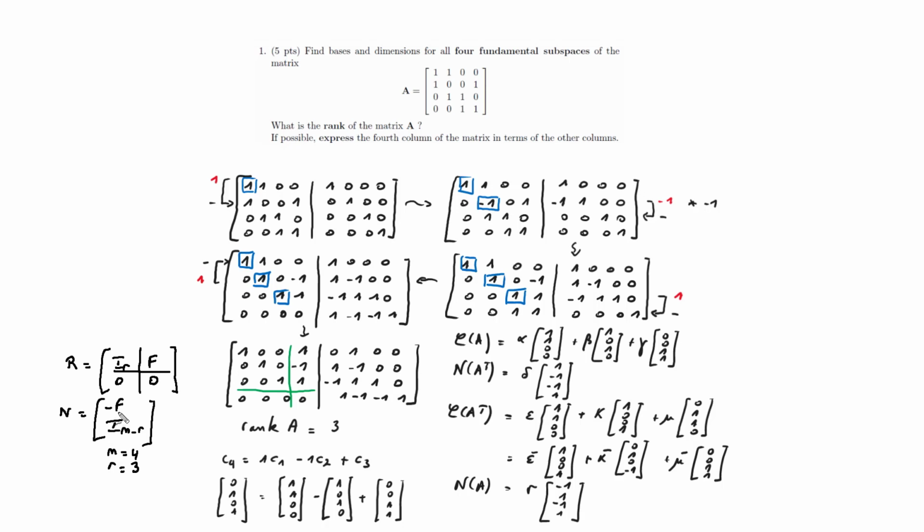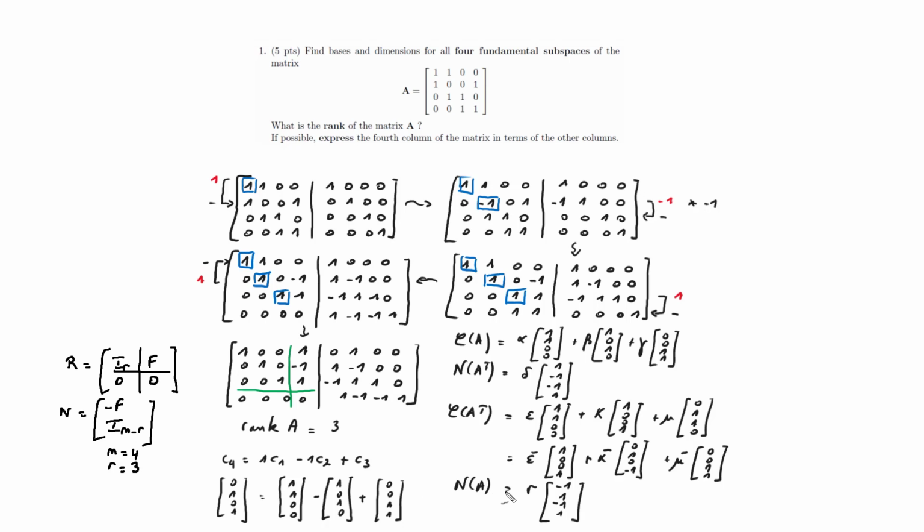So if you take F over here, you put a minus in front, and you'll have the 3 first elements here, and here this identity matrix of dimension n minus r. Well, n minus r is 1, so it's a scalar, and this is what you obtain, right?